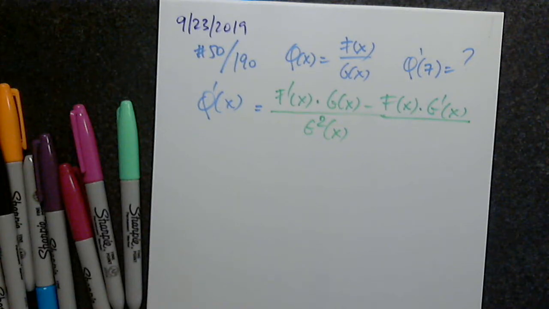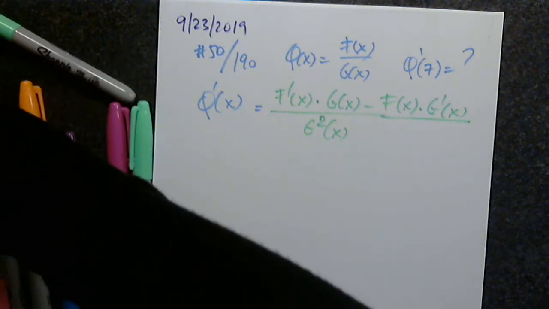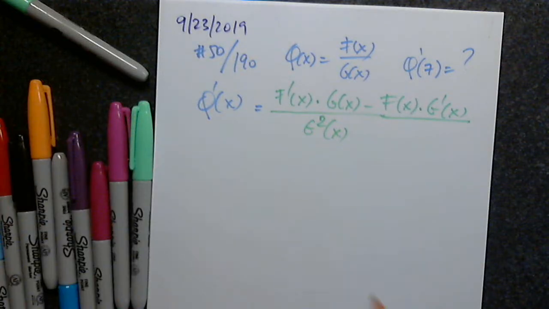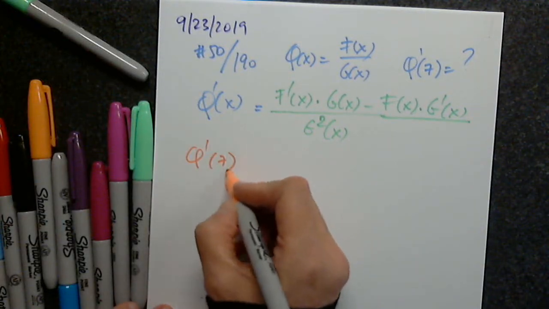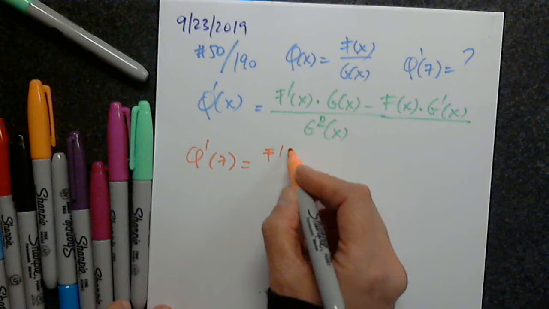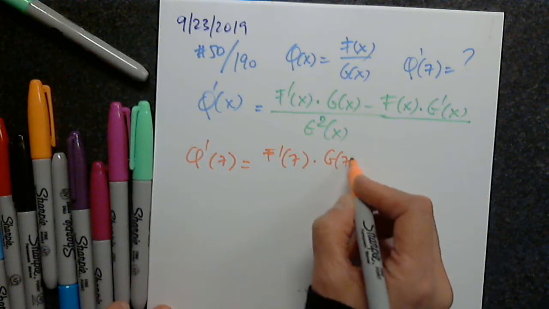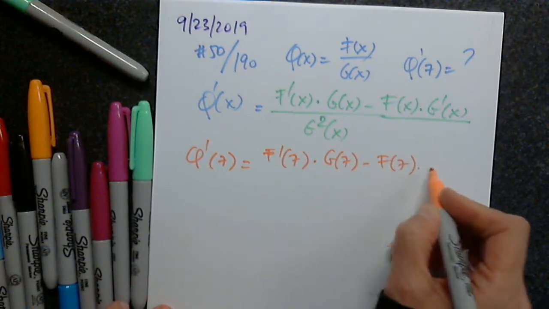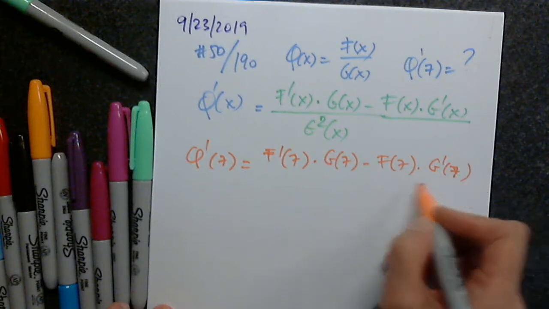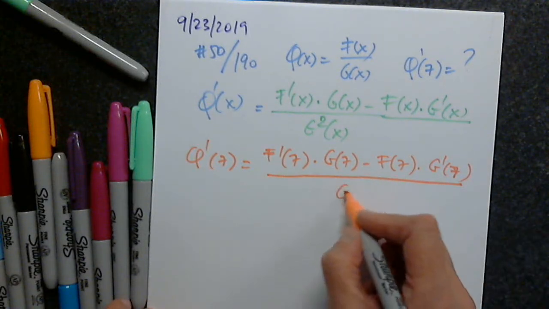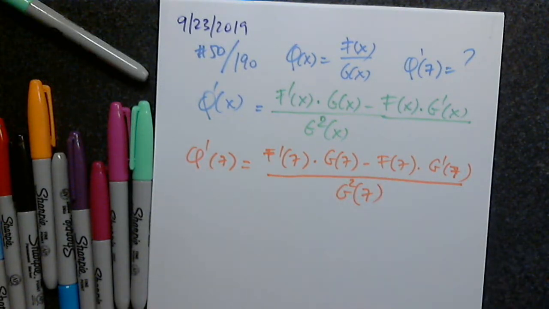So 1 prime times 2 minus 1 times 2 prime over 2 squared. Now I know that q prime of 7 will be f prime of 7 times g of 7 minus f of 7 times g prime of 7 divided by g squared of 7.